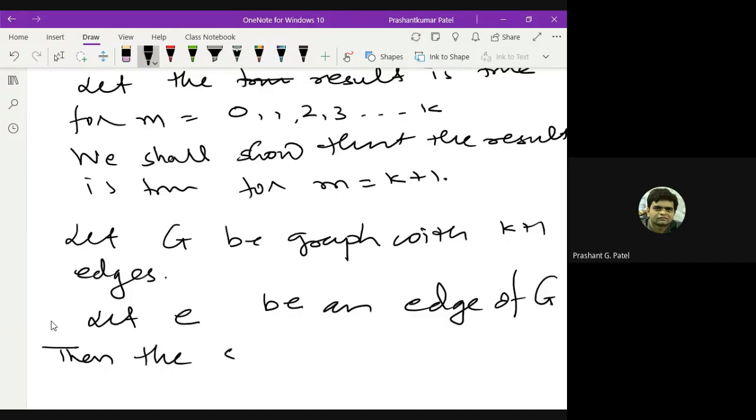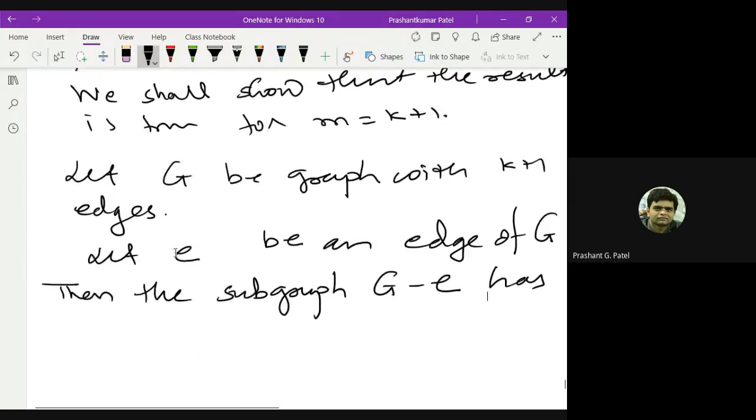Then the subgraph G minus E has how many edges and how many vertices? We are just deleting this edge from the graph G. Deleting an edge in a graph G does not remove the vertices, it only removes that edge. Originally this graph has k plus 1 edges.